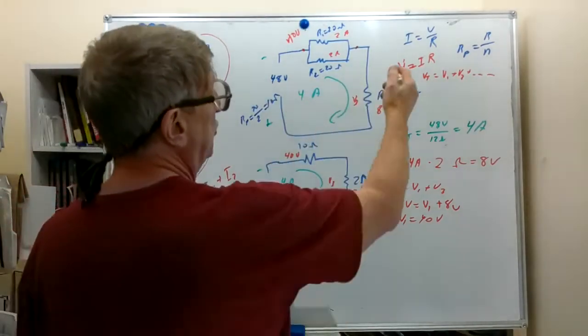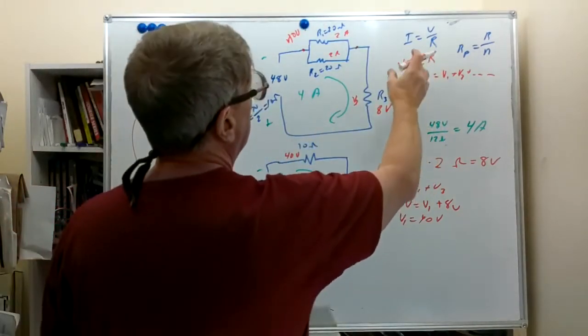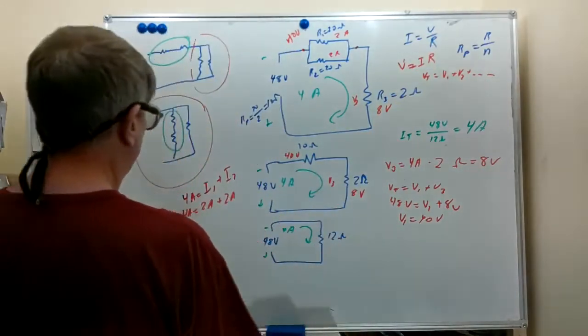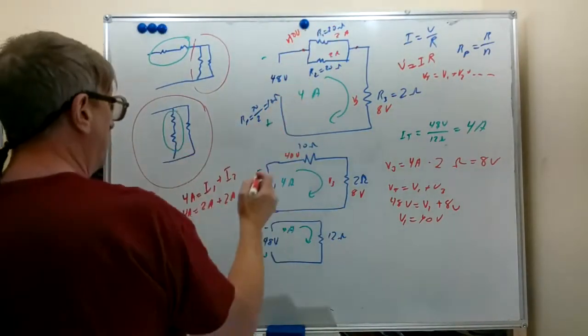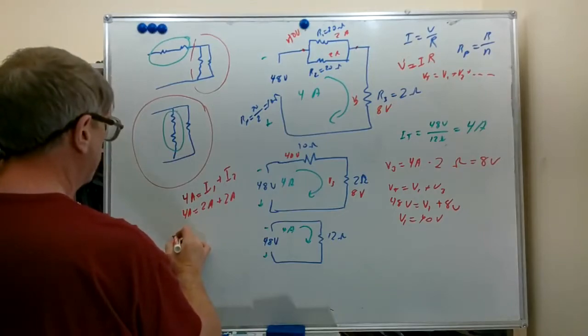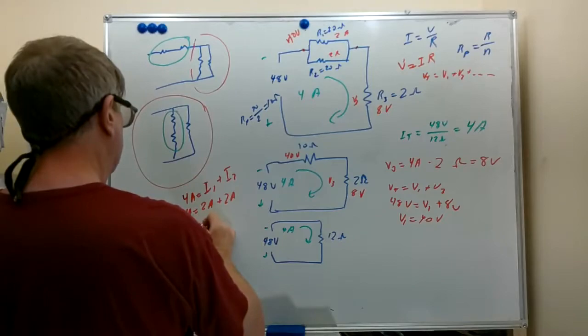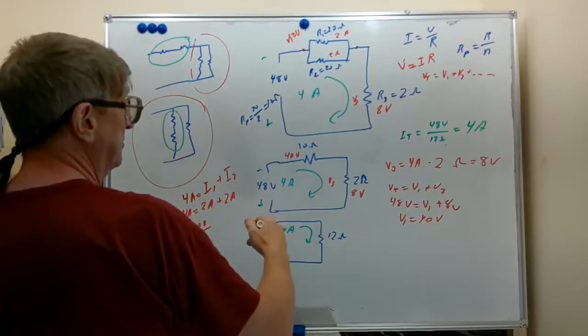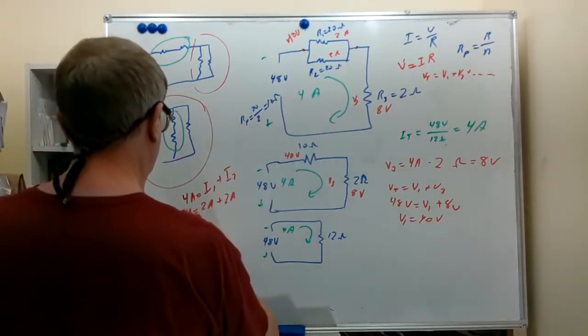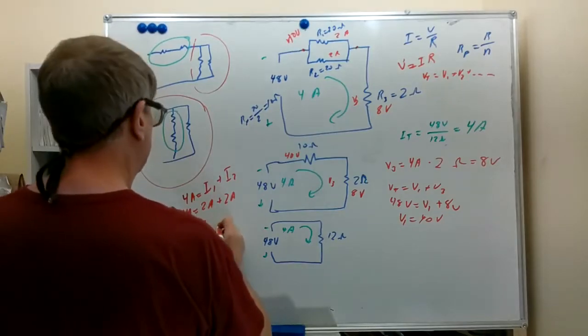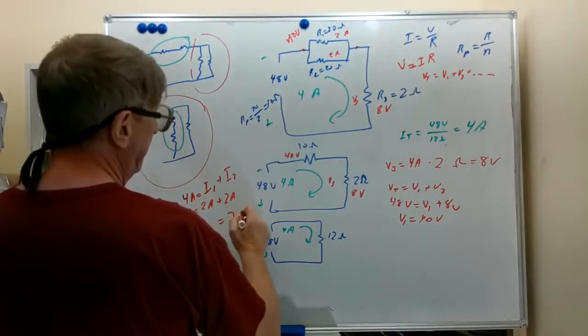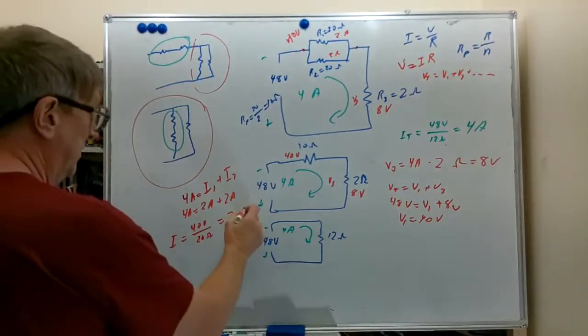And remember, current equals voltage over resistance. For each of these, R1 and R2, the current is going to be the voltage, 40 volts, divided by the resistance, which was 20 ohms. That's 40 divided by 20, 2 amps.